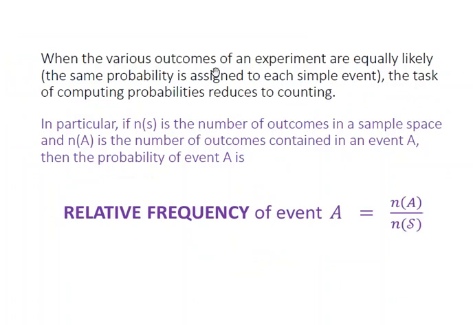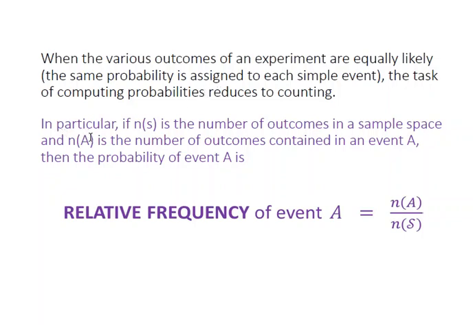So when the various outcomes of an experiment are equally likely, it means the same probability is assigned to each simple event. The task of computing probabilities reduces to counting.